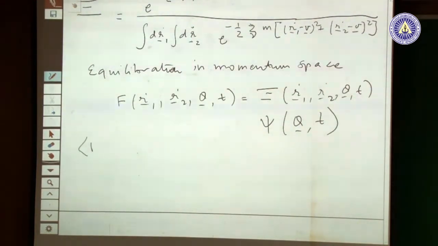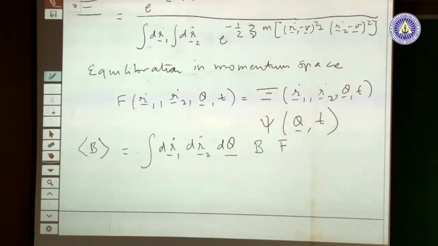So the average of B in general is written as the integral dr1 dr2 dq of B times f(r1, r2, q, t), right. This is the general definition.